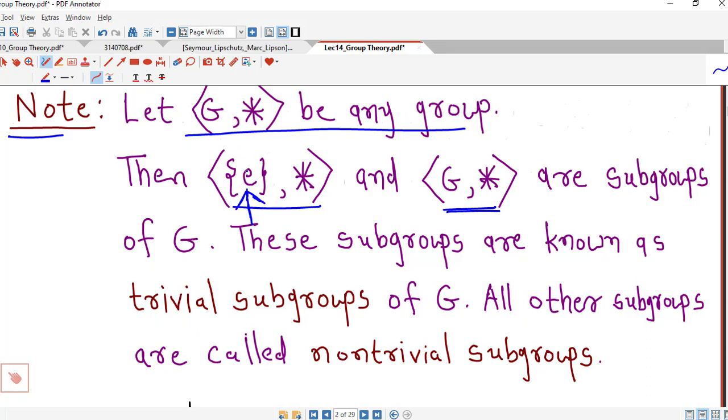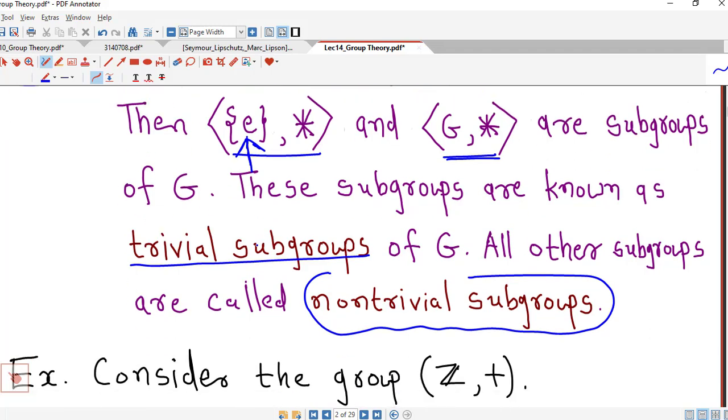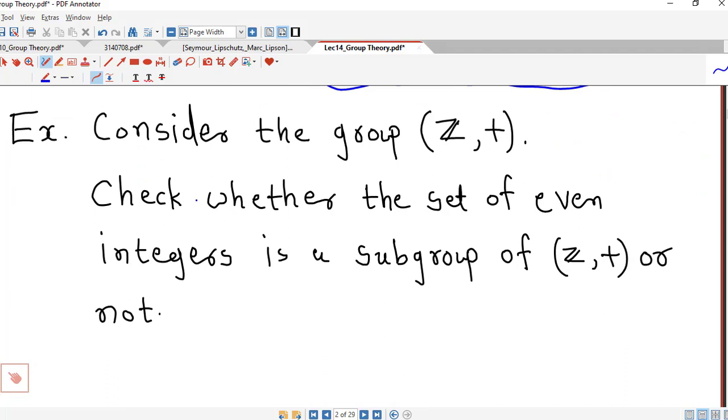One is the set containing the identity element with star, and the other is G itself under the same operation of G. These two subgroups are known as trivial subgroups of G, and subgroups other than these two are known as non-trivial subgroups.